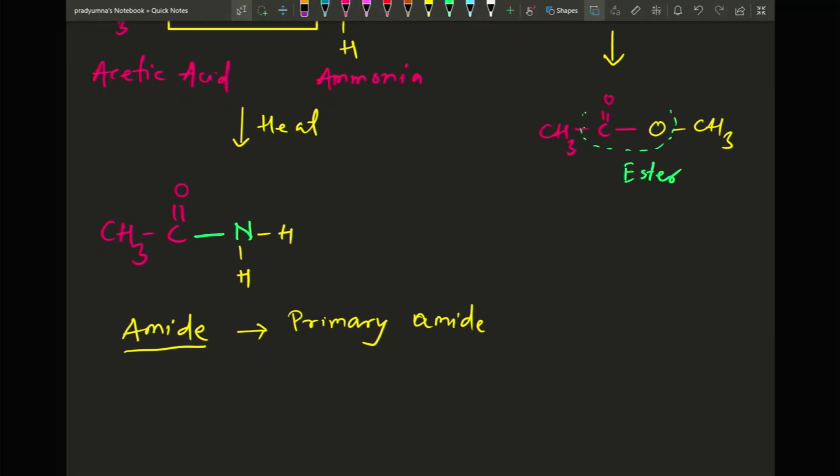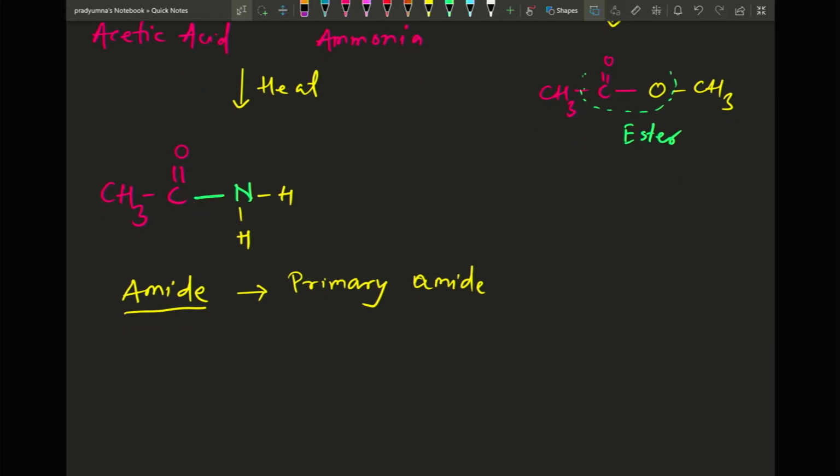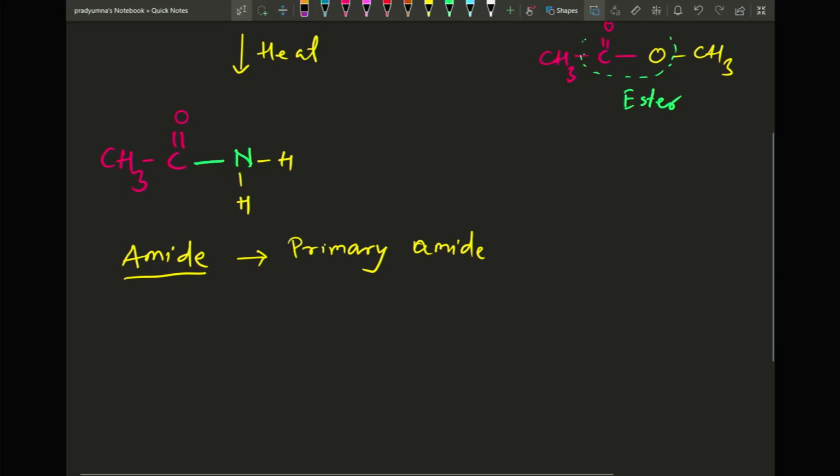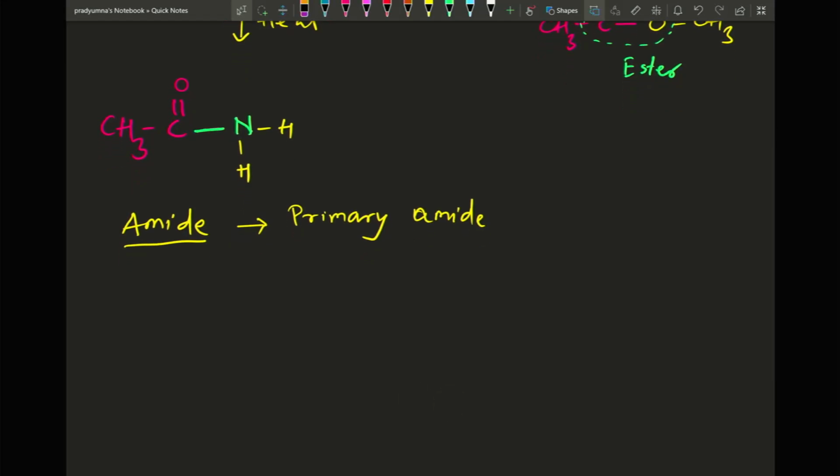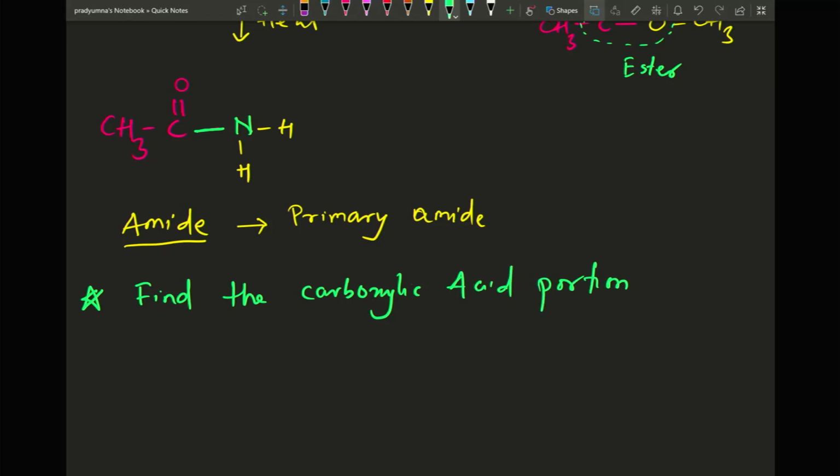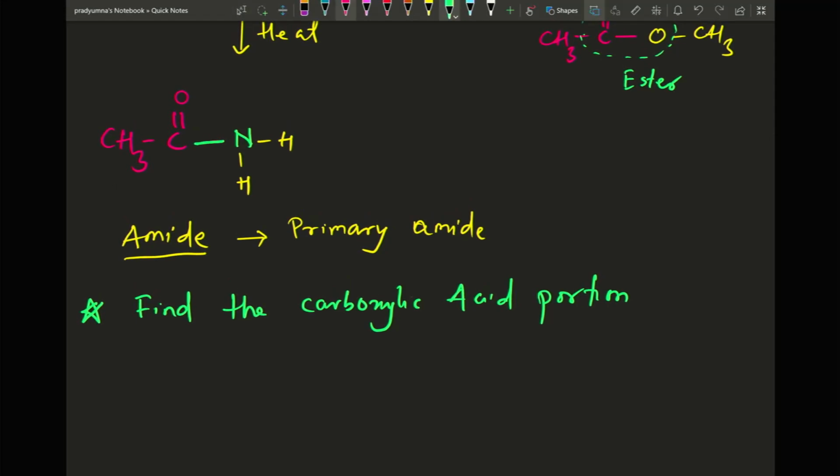So how are we going to name this? When we name this, we're just going to follow a few key principles. The first rule is to find the carboxylic acid portion, or in simple terms, the portion that is connected to the carbonyl. All right, so this is one. How many carbon atoms do we have here? We have 2 carbon atoms. 2 carbon atoms is ethane.